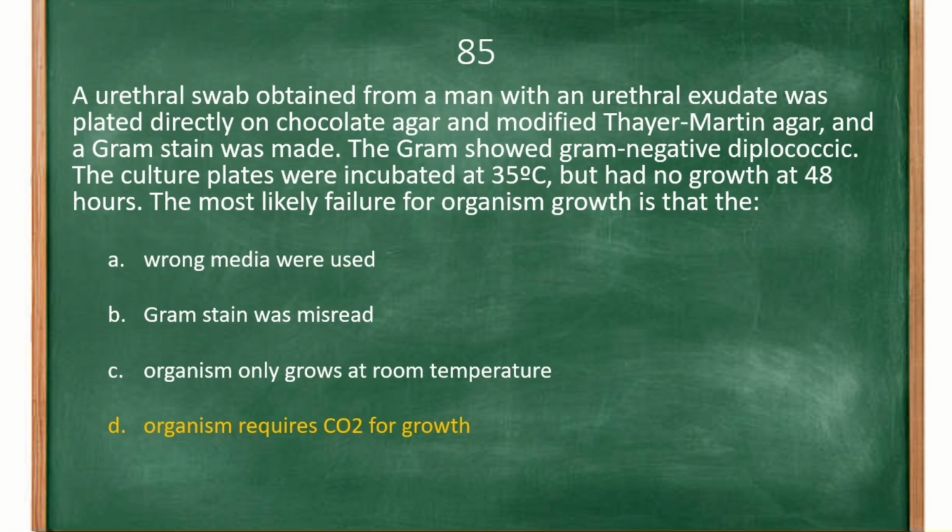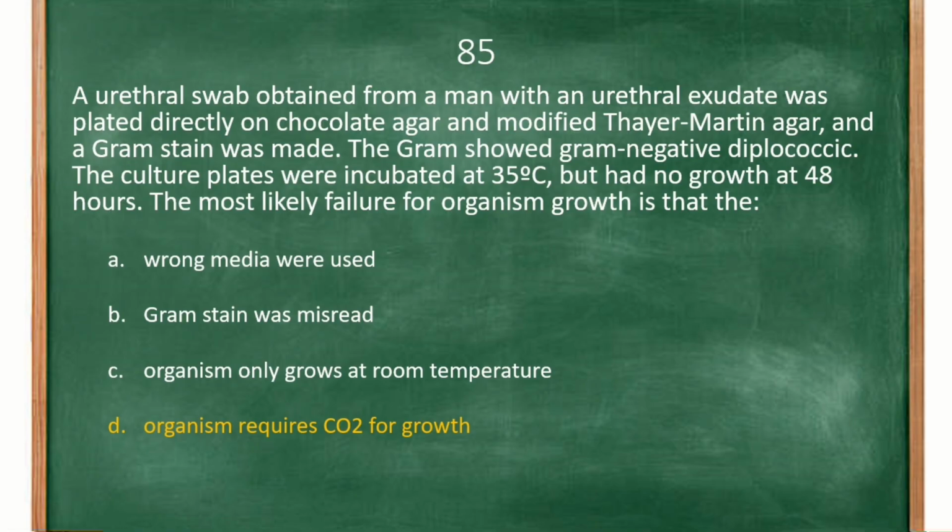Okay, so let's analyze our options. The fact that it says urethral exudate, and then it also mentions gram-negative diplococci, is indicative of Neisseria gonorrhoeae. Typical gonorrhea is caused by Neisseria gonorrhoeae.